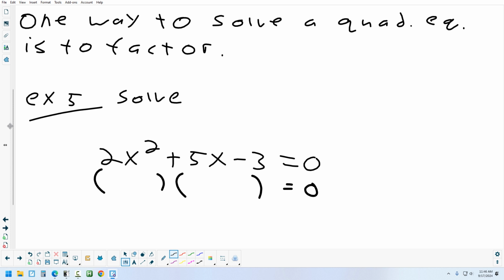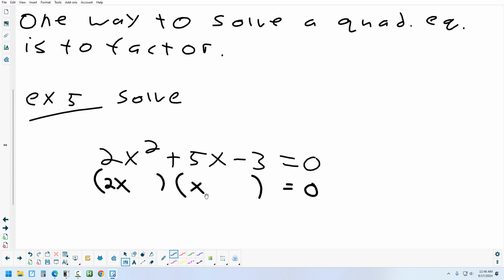We need 2 things that multiply together to give me 2x to the second power. What would be 2 things that multiply to give me 2x to the second power? 2x. Perfect. And there's no other choice because 2 is a prime number. It's not like 12x squared. If that was 12, well then you get 6 and 2, 3 and 4. You got lots of things to try.